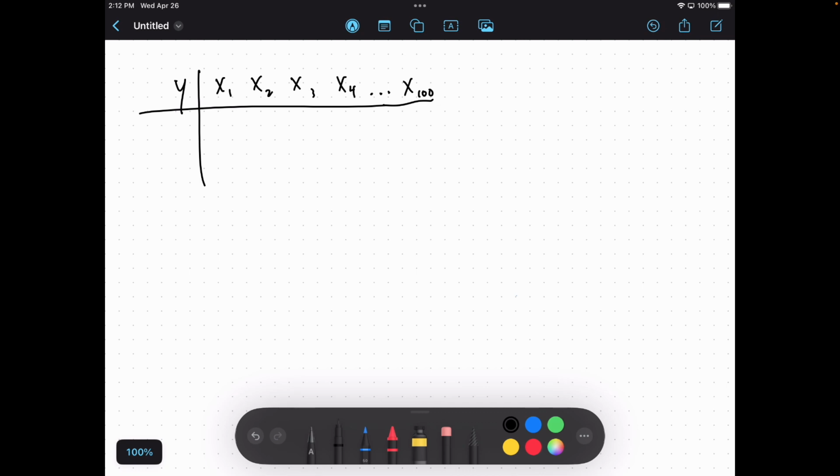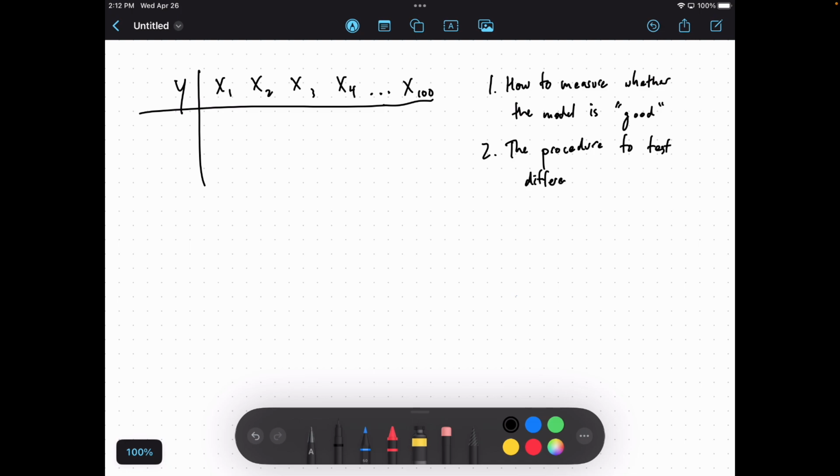So what we're going to talk about today is, one, how to measure whether the model is quote unquote good, and then 2, the procedure to test different models.